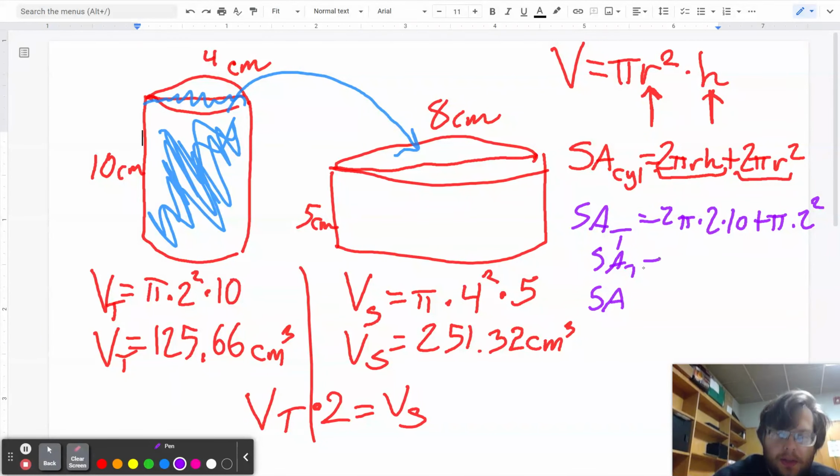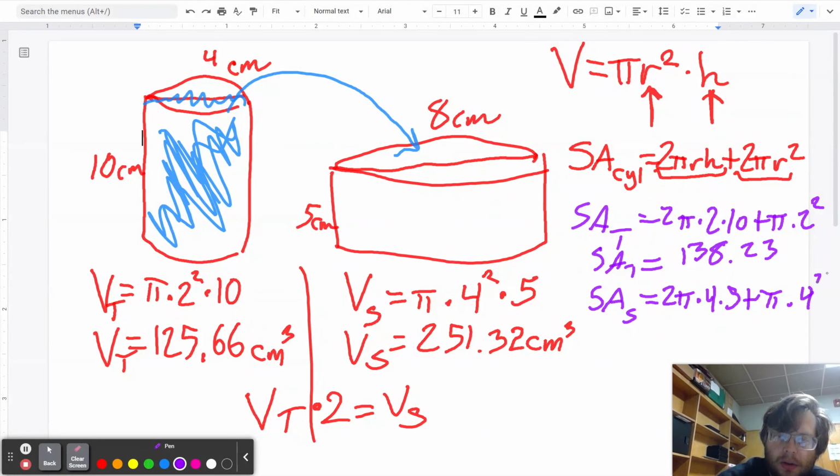I get 138.23. The surface area of the shorter one is going to be very similar. 2 pi times r times h plus pi times r squared. Try to predict again. Do you think this is going to be bigger or smaller or equal?